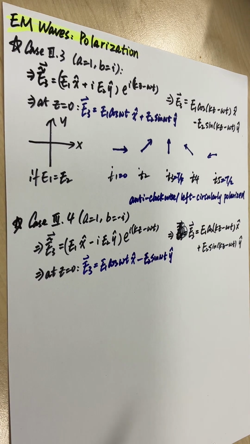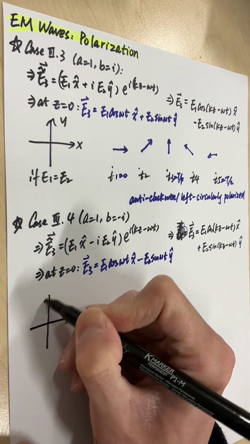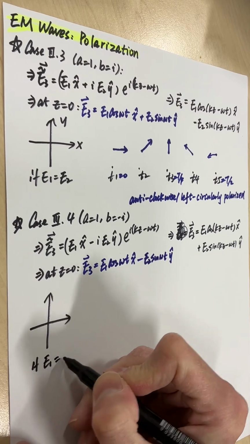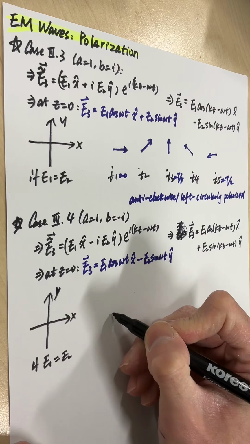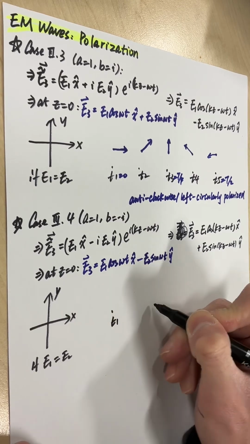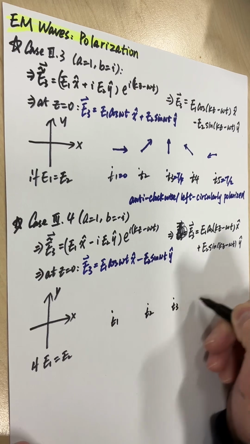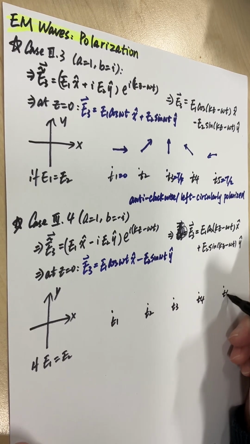So now we can see the pattern already. So the polarization here, if we have E1 equals E2, then time T1, time T2, time T3, time T4, time T5.